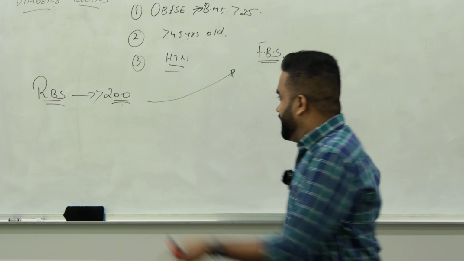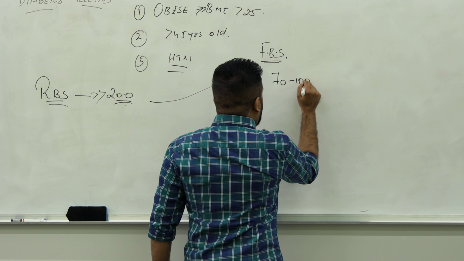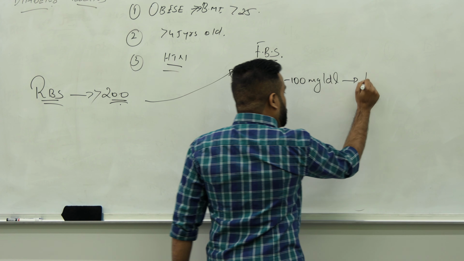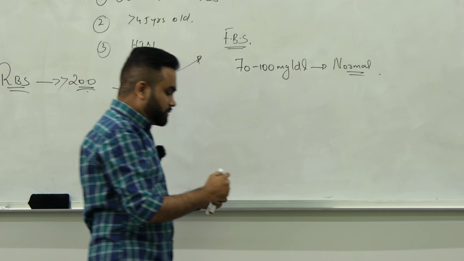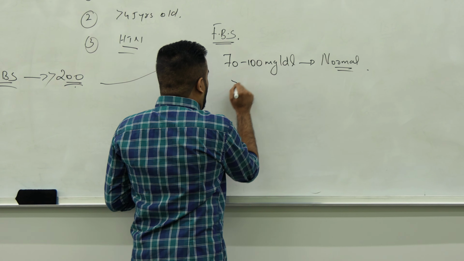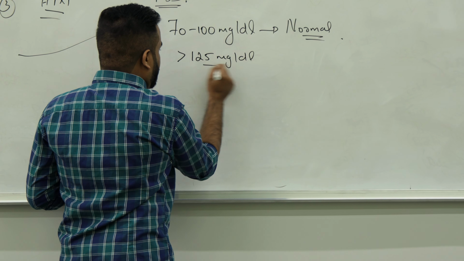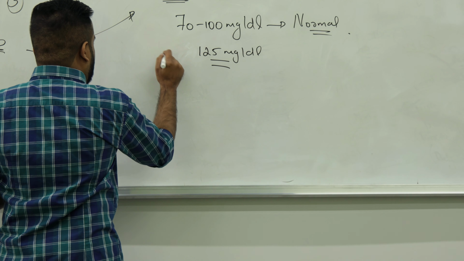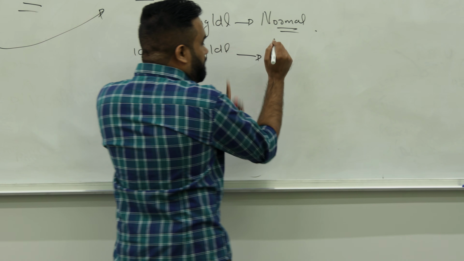In the empty stomach, you have to come and check your blood sugar. If the blood sugar in the empty stomach is between 70 to 100 milligram per deciliter, that patient is normal. But if it is between 100 and 125, I can say he is borderline.